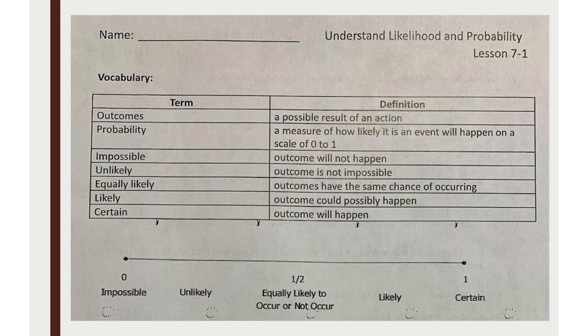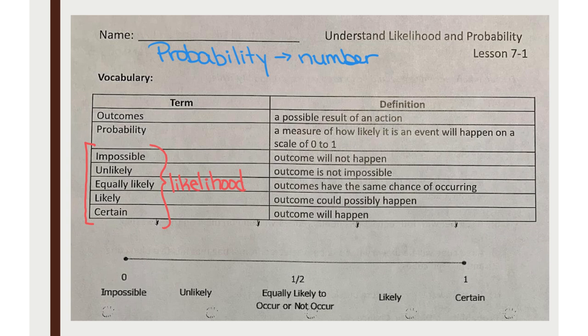The next terms that you have on here: impossible, unlikely, equally likely, likely, and certain. These terms are used to describe likelihood. We're going to focus on these with the probability scale. If I ask you for the probability, I want a number.